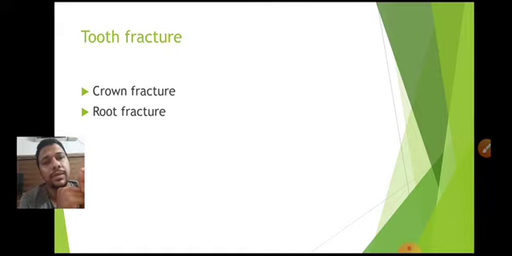When you are doing a root canal treatment, you are supposed to excavate all the existing caries, because sometimes one doctor may do the root canal treatment and another doctor may do the crown. So the doctor who is doing the crown will expect the other doctor to take all the necessary precautions, including arresting all caries.